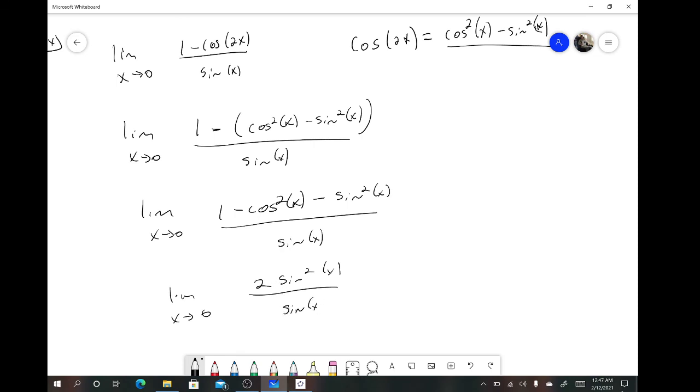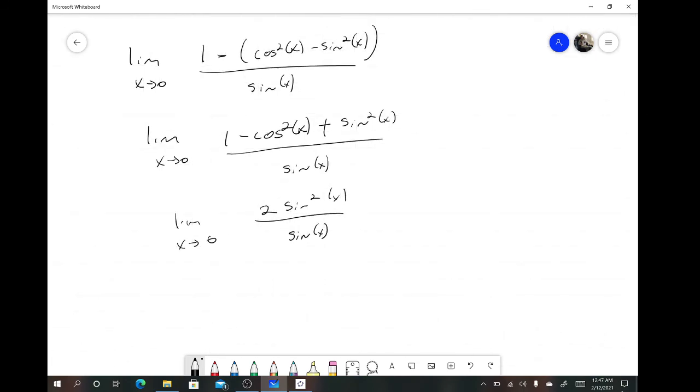You can do the computation and you'll see that this will be the case. I didn't distribute this sign correctly. It's a plus, not a minus. Minus times minus is plus. So this will be 2 sine square x. And finally, since you have 2 of them, you will cancel out one of the exponents here.